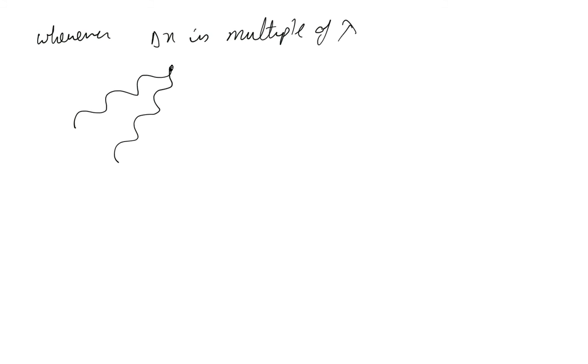it's the maxima here. The two waves have the same value. Let's say this one was traveling like this, and this one was traveling like this. So this one traveled from here to here, and it reached somewhere here.